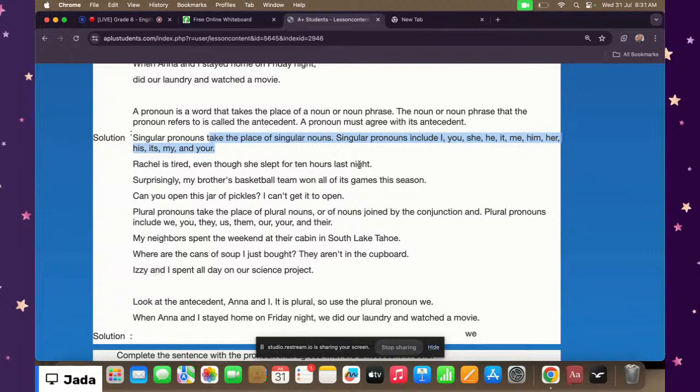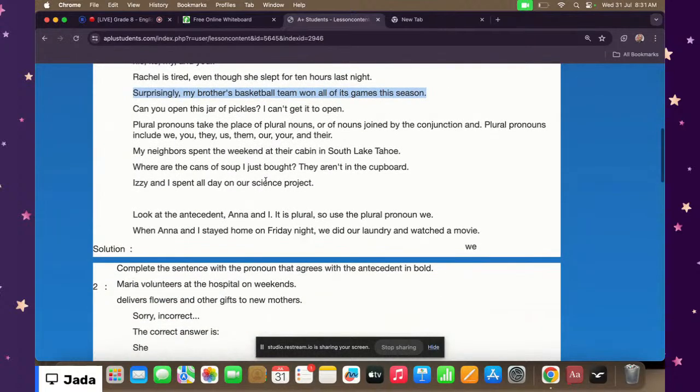Surprisingly, my brother's basketball team won all of its games this season. So it said its games, and they must agree. If they're not agreeing, then there's something wrong. Can you open this jar of pickles? I can't get it to open.